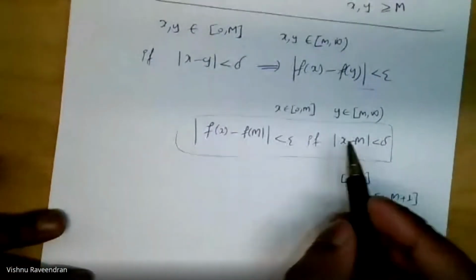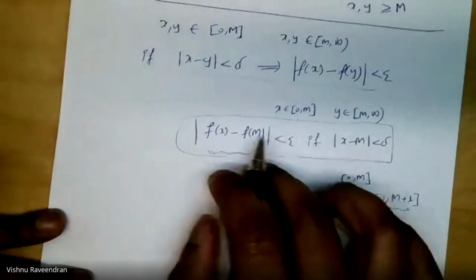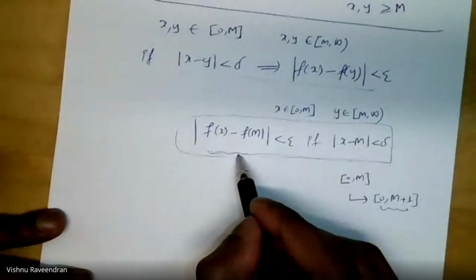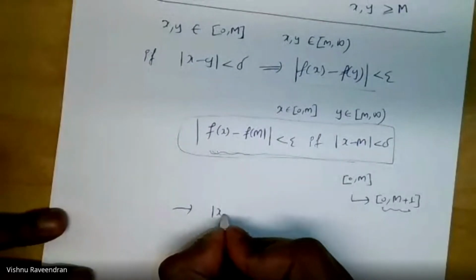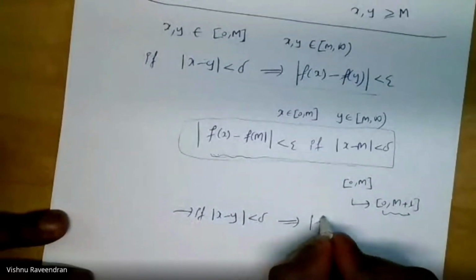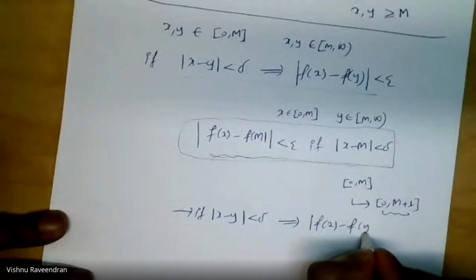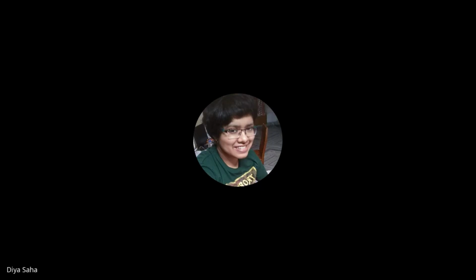So I'll not go into the details of this, but this is easy to manage. You just add and subtract f of y here, and you will get a similar result. So you can conclude if x minus y less than delta, this implies f of x minus f of y less than epsilon, for proving the uniform continuity.